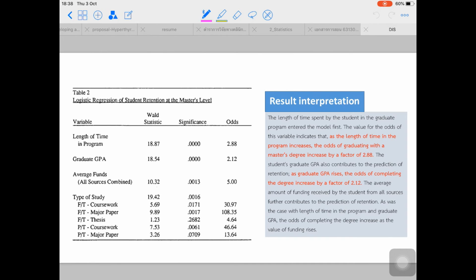For graduate GPA, as the graduate GPA rose, the odds of completing the degree increased by a factor of 2.12. And as was the case with length of time in the program and graduate GPA, the odds of completing the degree increased as the value of funding rose.